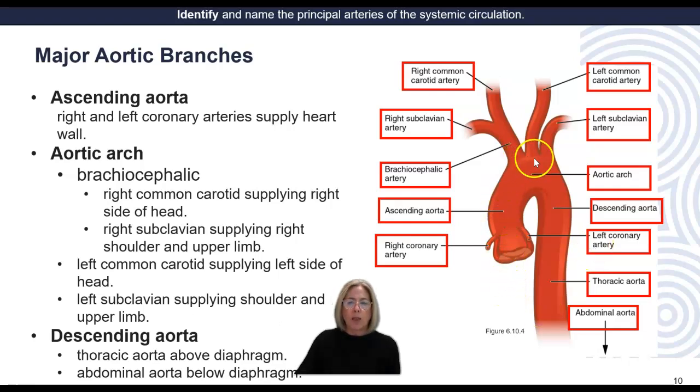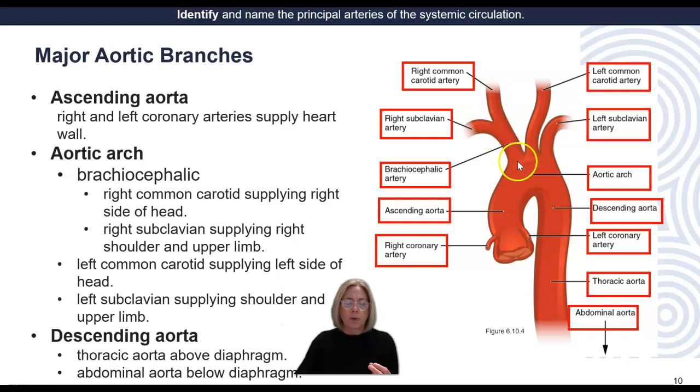Okay, moving up then to the aortic arch, you can see that there are three branches of the aortic arch. We have the brachiocephalic artery, the left common carotid artery, and the left subclavian artery. These arteries are supplying the head and the upper limbs with oxygenated blood.